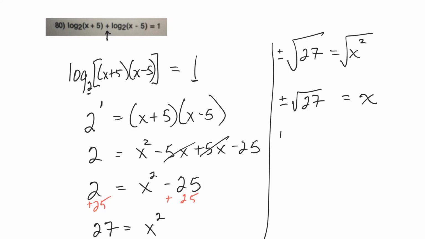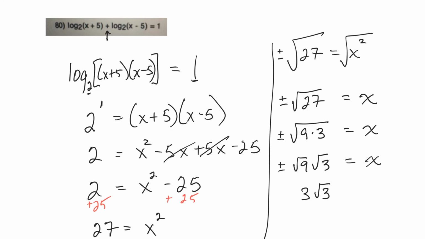Now 27, I think I can simplify. It's the same as 9 times 3. And it'll be the square root of 9 times the square root of 3. And the square root of 9 is 3. Plus or minus. So my answer is plus or minus 3 root 3.